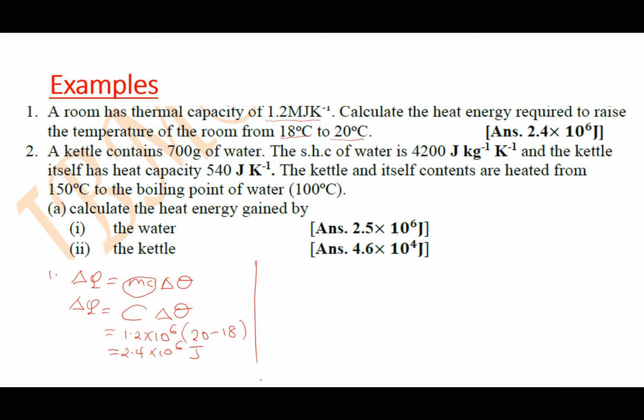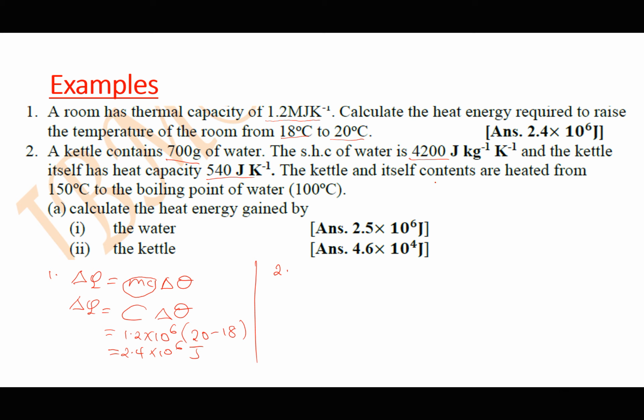Number 2, a kettle contains 700 grams of water. The specific heat capacity of water is 4,200 joules per kilogram per Kelvin, and the kettle itself has heat capacity of 440 joules per kilogram.